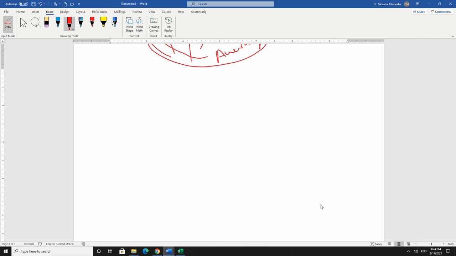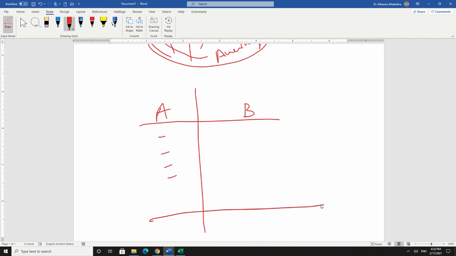If you have two groups, group A and group B, and you are measuring cholesterol levels for the two groups, and here you got 160, and here you have 190.